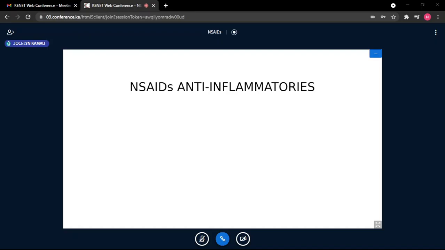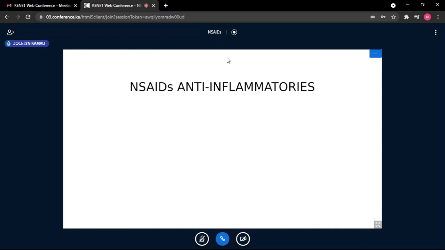So it is important for us to understand that there is a link. That is why we start with the prostaglandins. We understand them, and we know they do have some homeostatic effects, but they also have some negative effects in the body. They are responsible for pain, inflammation, and fever.